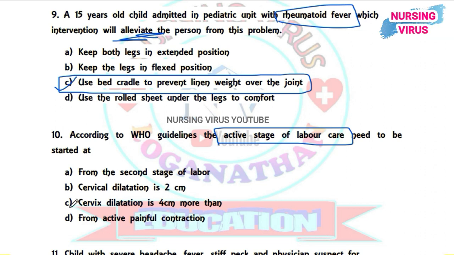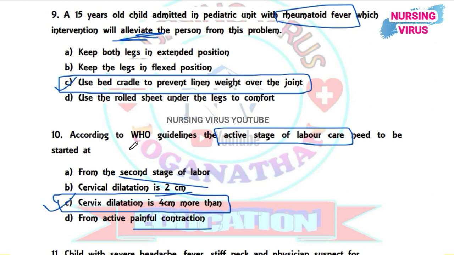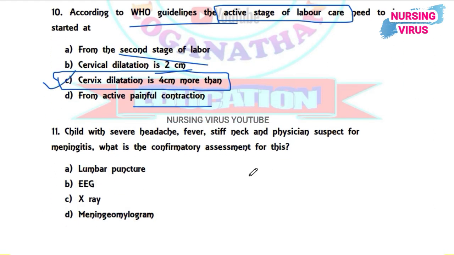When the cervical dilatation is 2 centimeter, we will wait for further dilatation, and it will not begin in the second stage. And even with one painful contraction, we won't start the active stage of labor. So when the person has 4 centimeter or more cervical dilatation, we start with the WHO guidelines for caring for the woman.